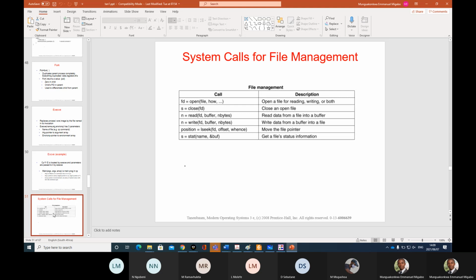And some of these functions you've already used, right? A lot, actually, in Java. I'm sure you did some file manipulation, and you learned about the open system call, the close system call, to which you pass the file pointer or file ID, the read, the write, the lseek, which has to do with moving the file pointer.